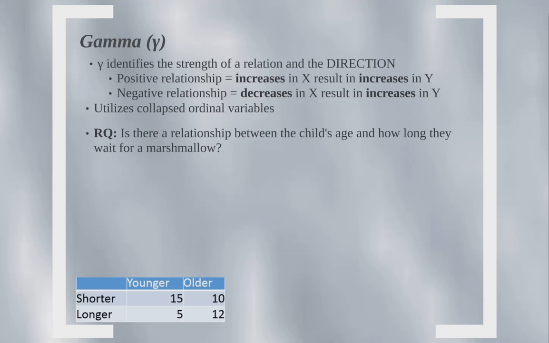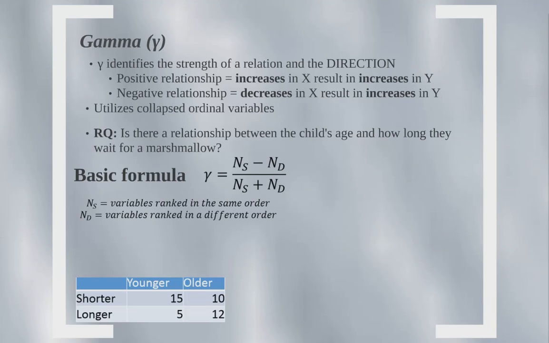Right? And so what we can do here is plug in our basic formula for gamma. In this case, you're going to need to know what N sub S and N sub D are. N sub S tells us these are variables that are ranked in the same order.